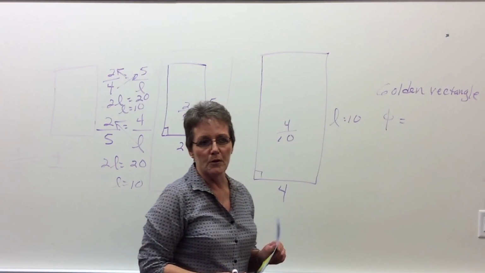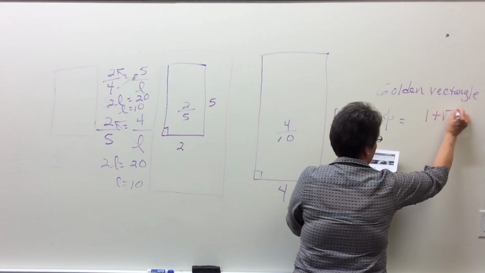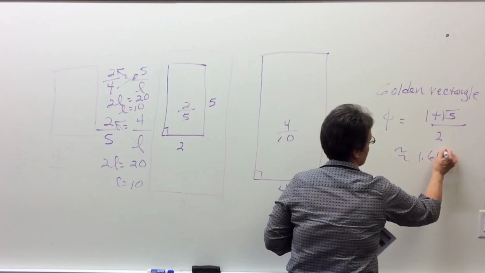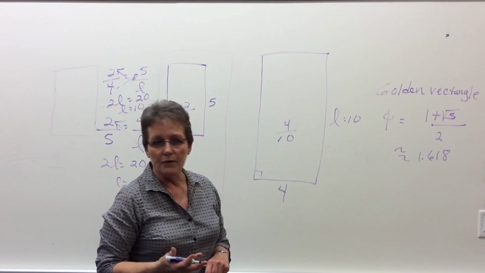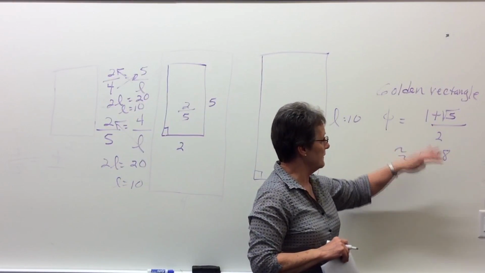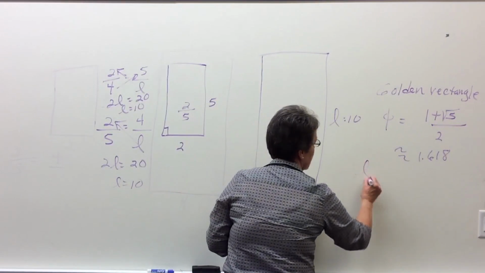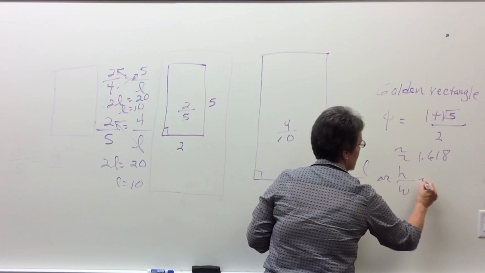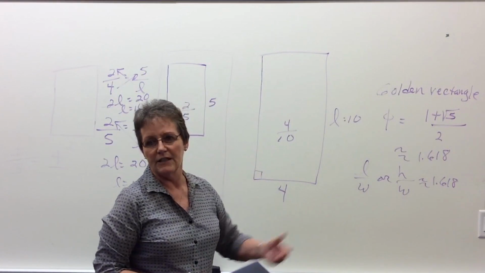It's very similar to pi, and its value is exactly 1 plus the square root of 5 over 2, or about 1.618. And this was used originally in photography because even way back in ancient times, they thought that if any rectangle could be put into a ratio of length to width or height to width, and it ended up really close to this value, it was pleasing to the eye.